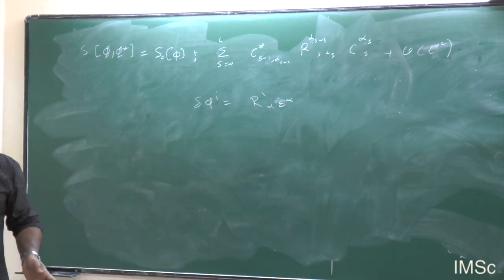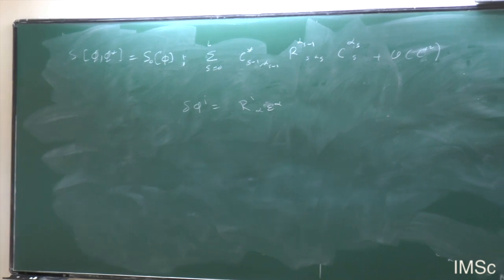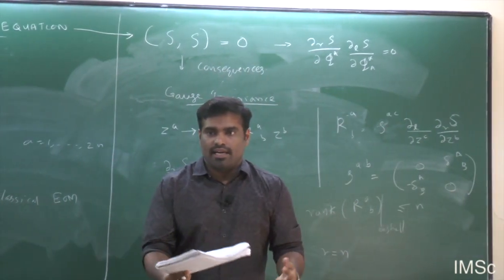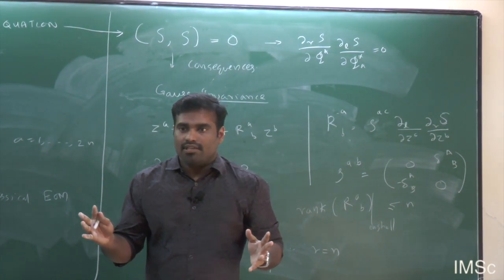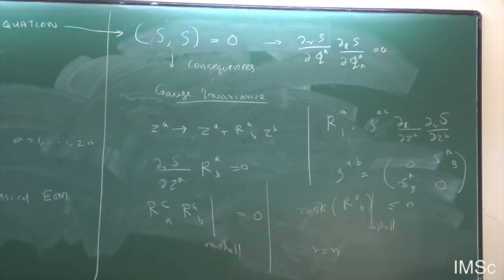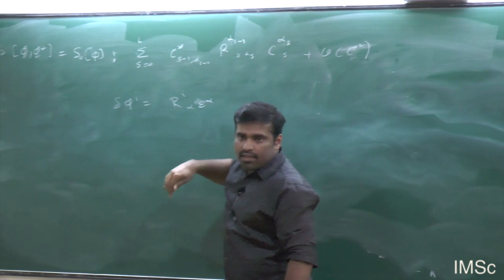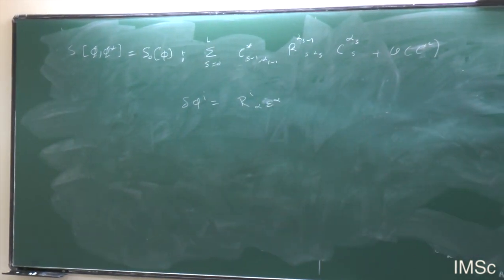Where does the gauge algebra come from? It's coming from here. You put it here, then collect all the coefficients for the particular antifield expansion and set them equal to 0, and that will produce your gauge algebra commutation relations. You get the point? All these terms are independent, because the antifield is an independent thing. So you take this expansion, put it here, and set it equal to 0.